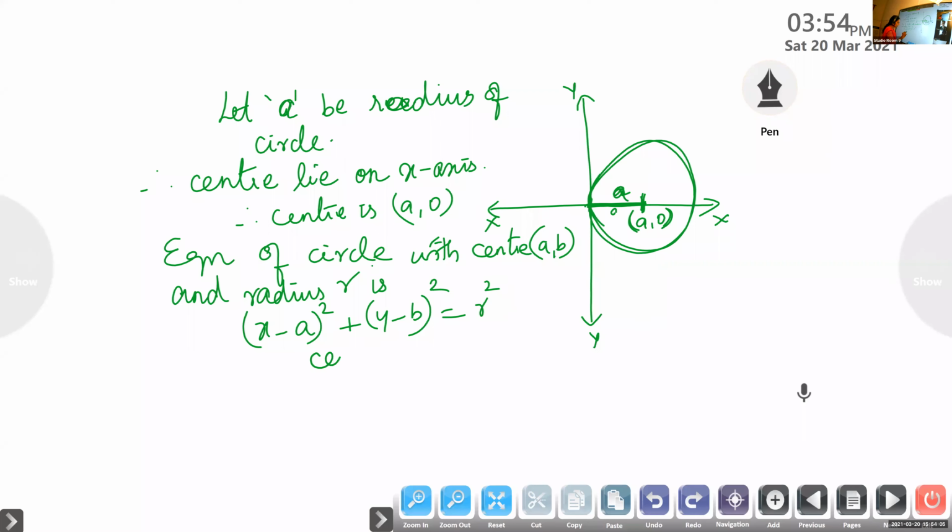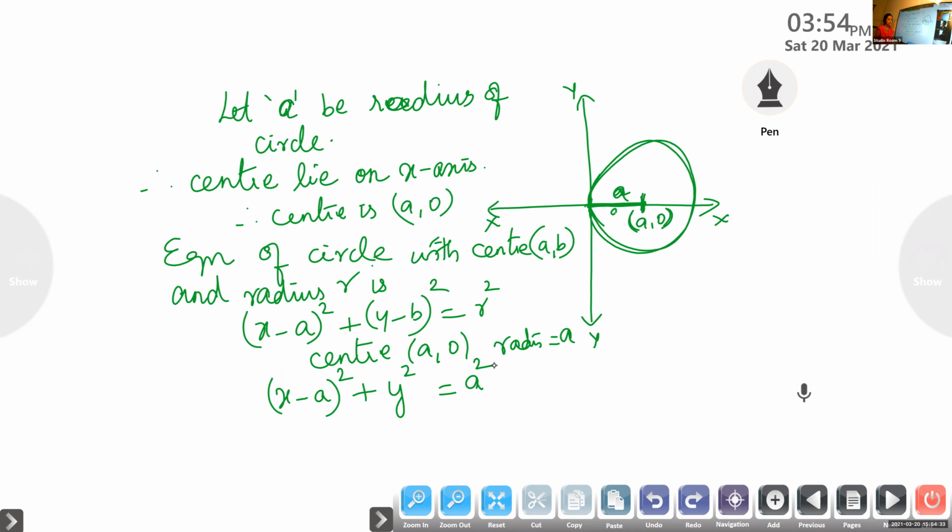Now the center given here is A, 0 and the radius is A. So when you substitute this, we get X minus A the whole square plus Y minus 0 the whole square is equal to A square. This is the required equation.